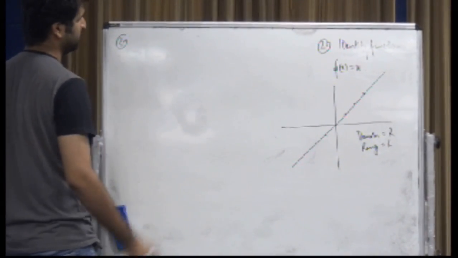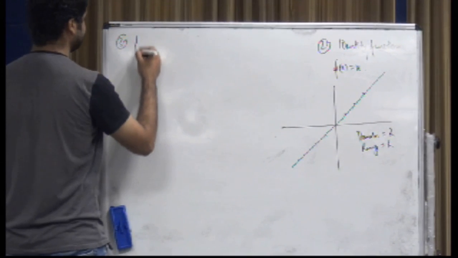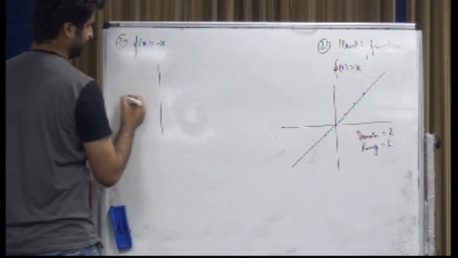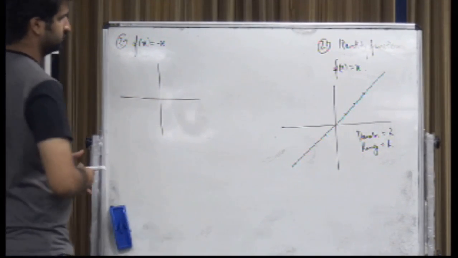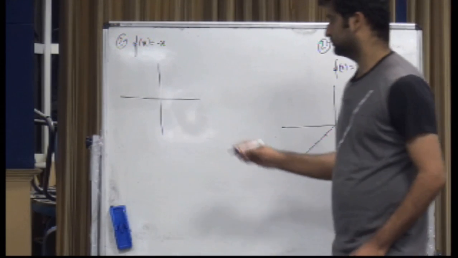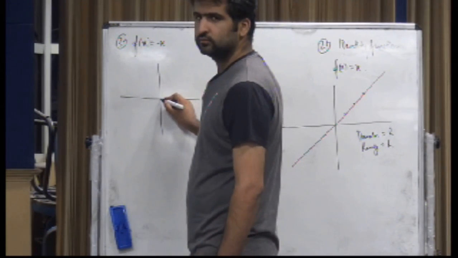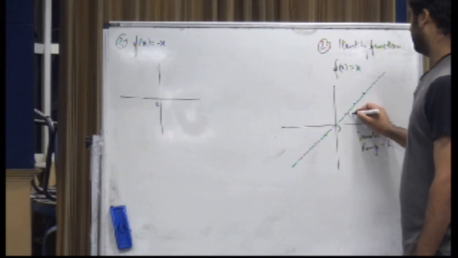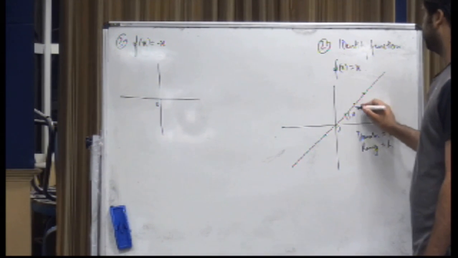Third is f(x) is equal to minus x. Can you make this graph? So 1, 1 was a point, 2, 2 was a point.